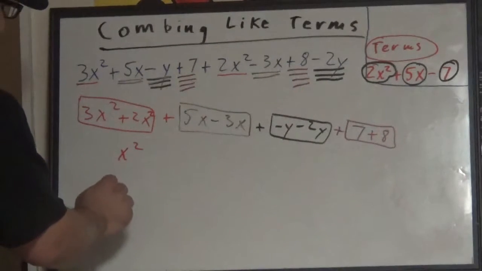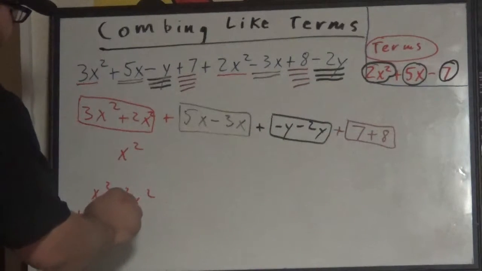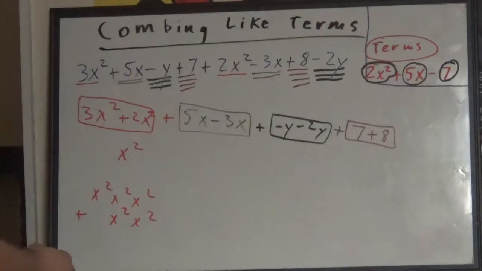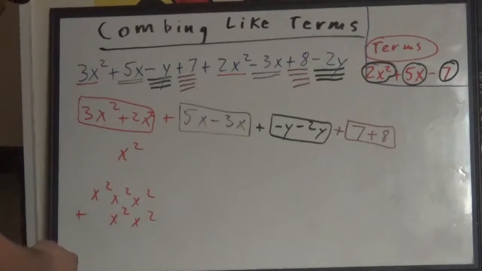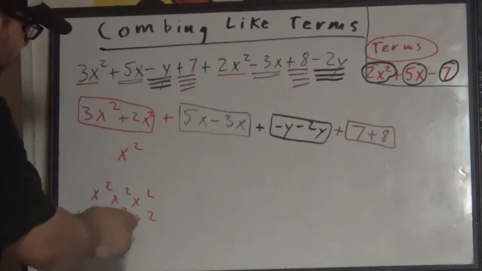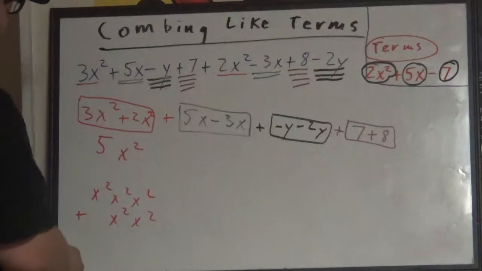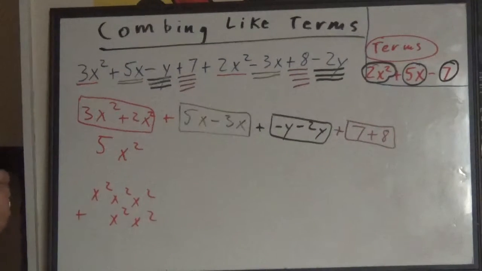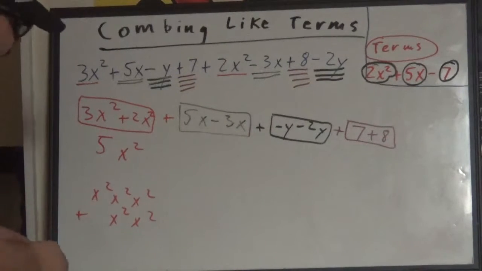What we're really doing is taking 3x squareds plus 2x squareds. How many do we have? 1, 2, 3, 4, 5. 3 plus 2 is 5. If I write them all out, I also have 5. And that's our first term, our first combined term.